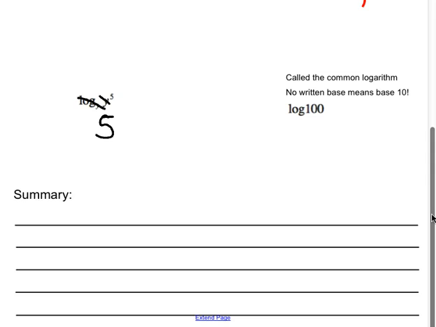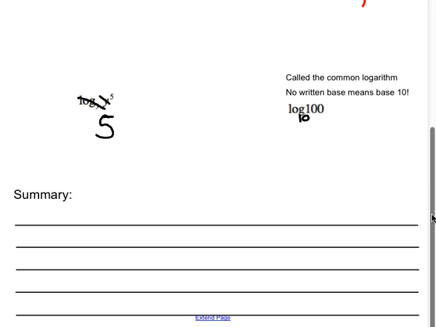Now, there is one thing to know about this. The common logarithm. Notice here, this just says log 100. It doesn't give you a base. And the reason for that is because this one is so common in real-world examples that they neglect the 10. So if there's no base written, it is assumed to be 10.